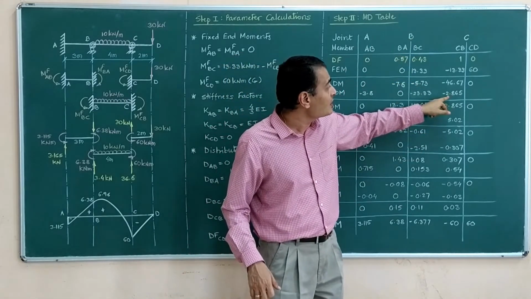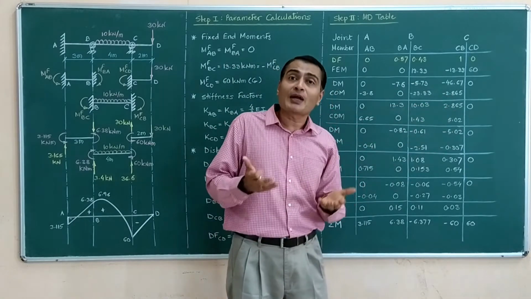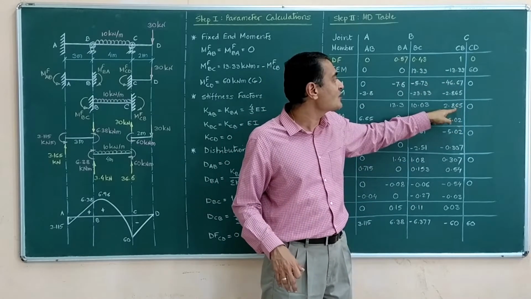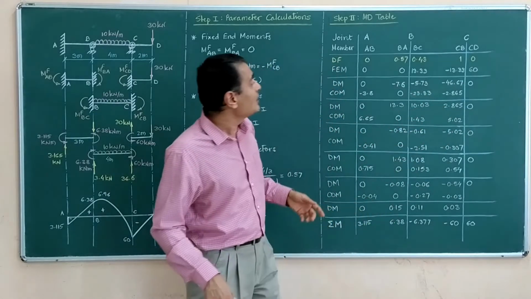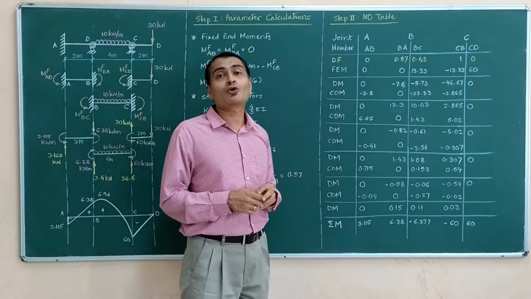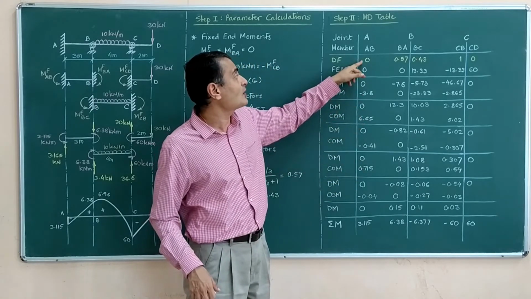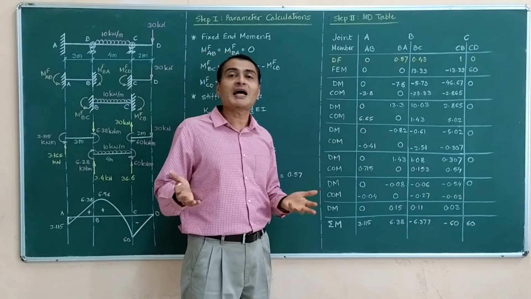Similarly, at C, to balance minus 2.865, I apply 2.865, it gets completely absorbed by CB, nothing goes to CD, the overhanging portion. Here also minus 3.8, to balance it I apply 3.8, but of course distribution factor is 0, so I simply get 0.